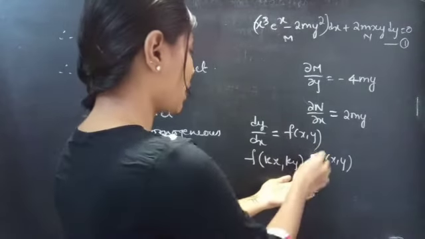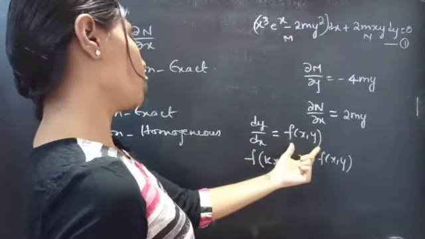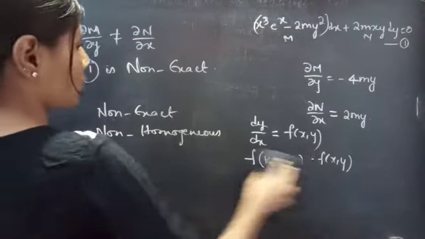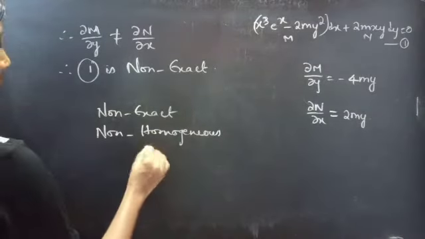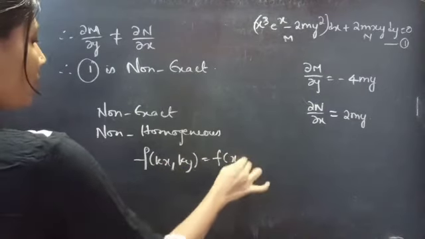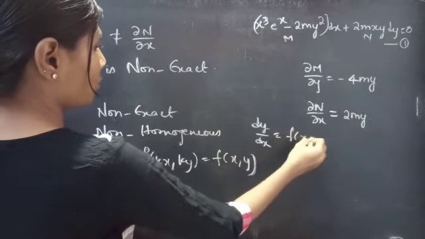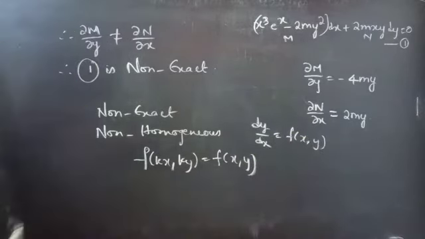If f(kx, ky) equals f(x,y), then the function in the differential equation is called a homogeneous function, and the differential equation involving a homogeneous function is called a homogeneous differential equation.